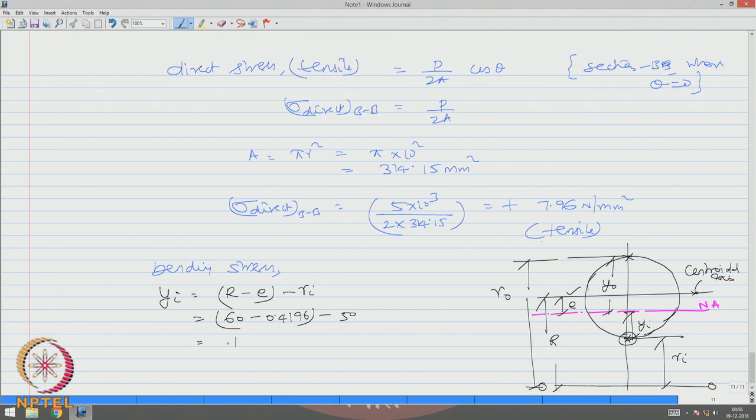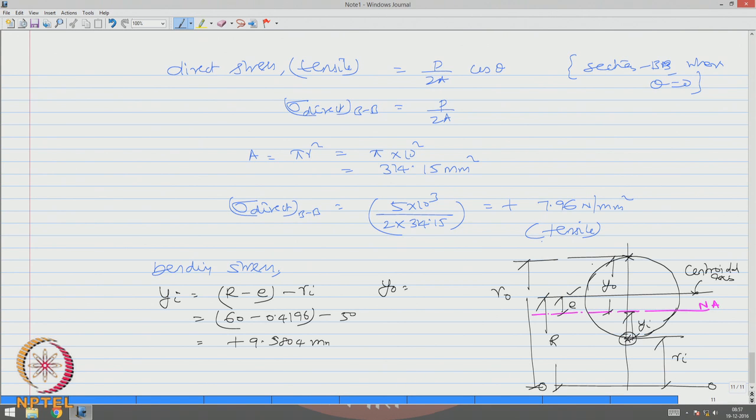So, this is plus 9.5804 millimeter. Similarly, y outer will be in similar terms.